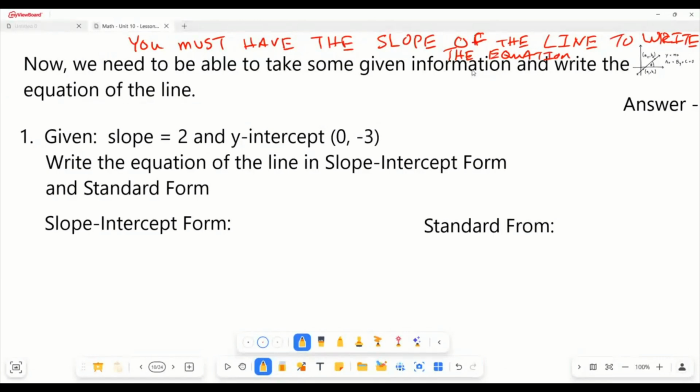We have to be given or have to find the slope of the line every time, every problem. You have to have the slope.